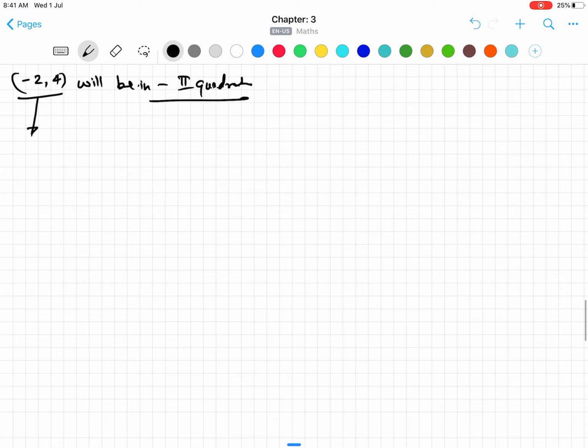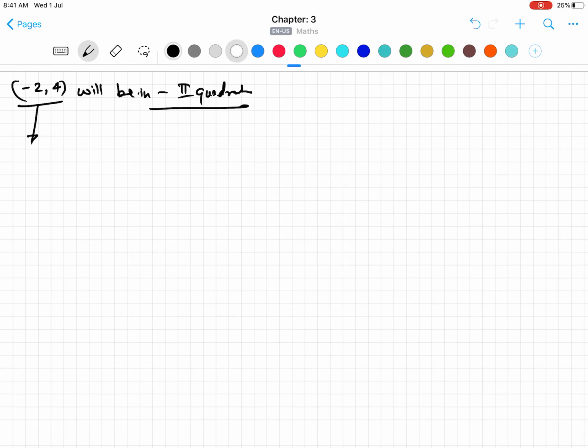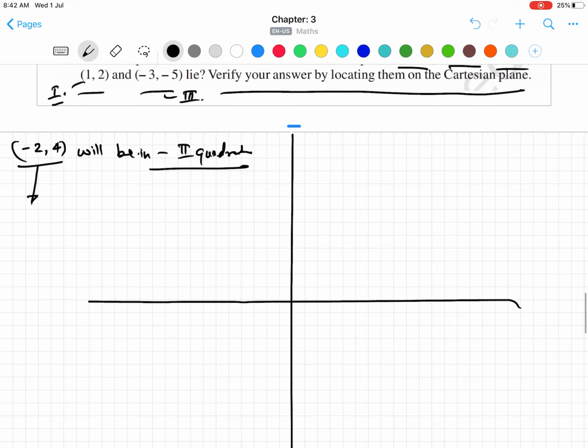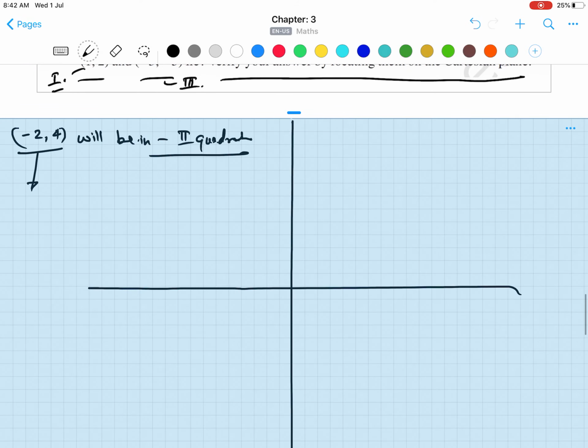Okay, let's draw now. First we have to draw the two axes. Let's start by drawing the horizontal line, which will be our x-axis, x and x dash.